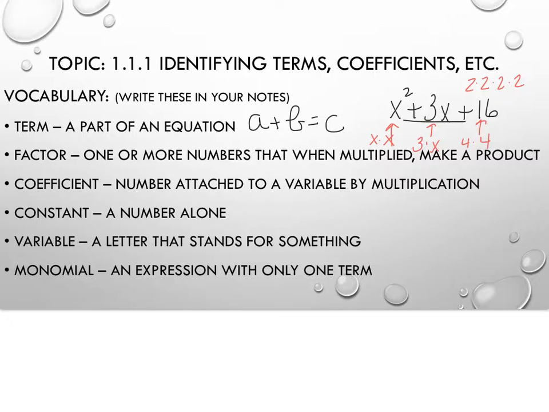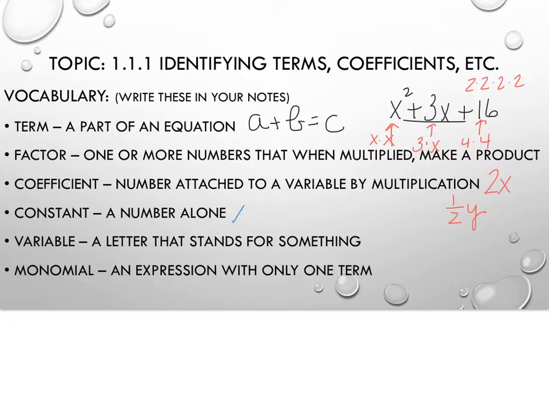Coefficient is a number attached to a variable by multiplication. So if you have 2x, the coefficient is 2. If you have 1/2 y, the coefficient is 1/2. A constant is the number alone.